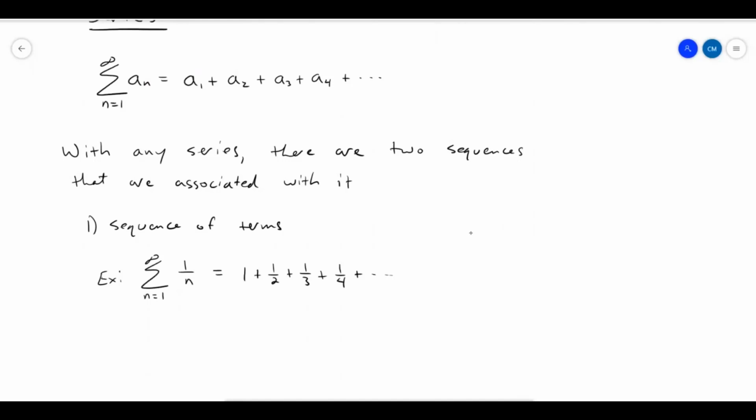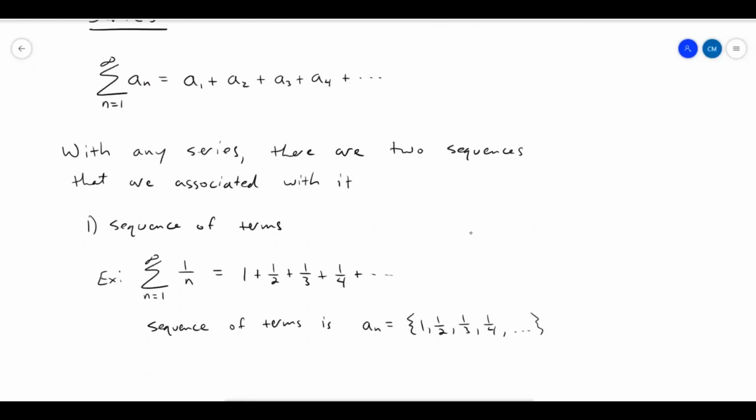The sequence of terms that is associated with that is this. We usually call that just a sub n, and that's just the list of the terms that would be added together. So it's 1, 1/2, 1/3, 1/4, etc. Now, this is a little bit subtle, because what is the difference between these two things? What is the difference between the series that I wrote and the sequence of terms that is associated with it?